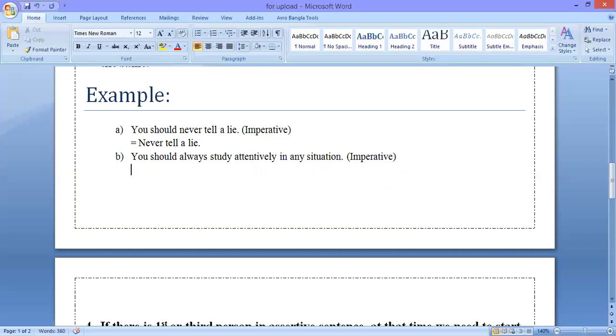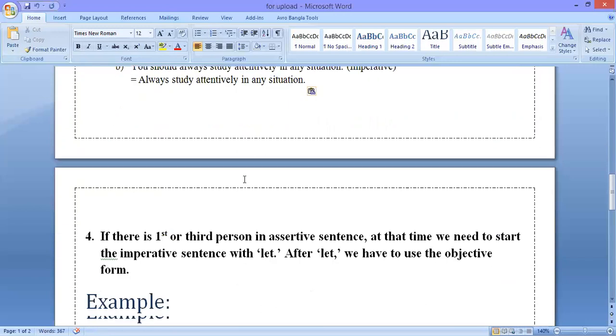So I'm writing the solution: always study attentively in any situation. So the solution is like this: always study attentively in any situation. I think you have understood rule 3.